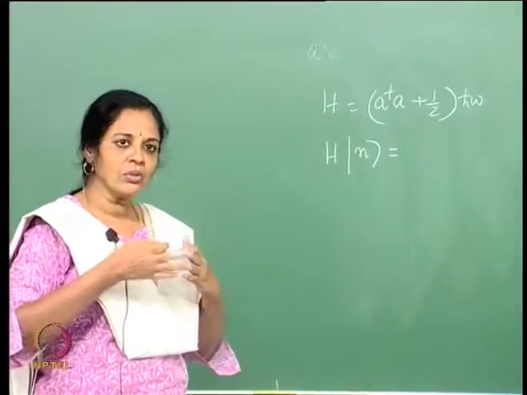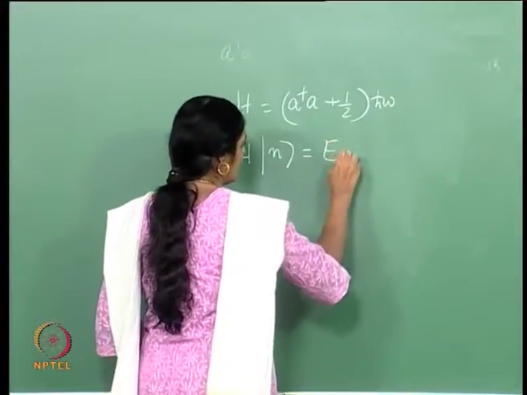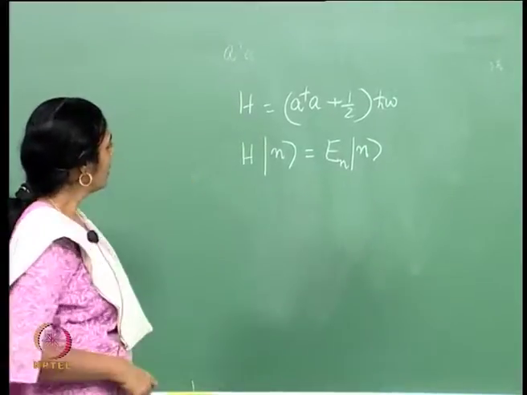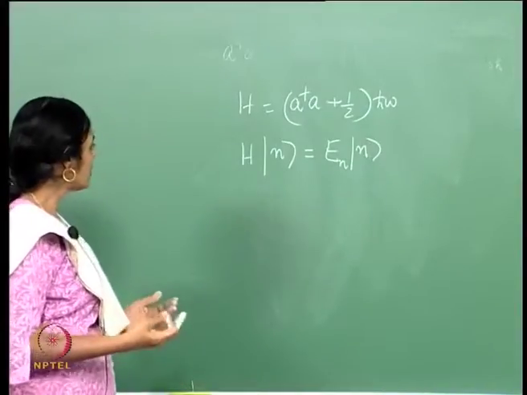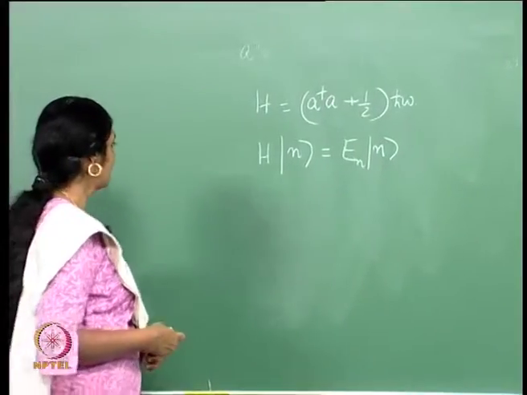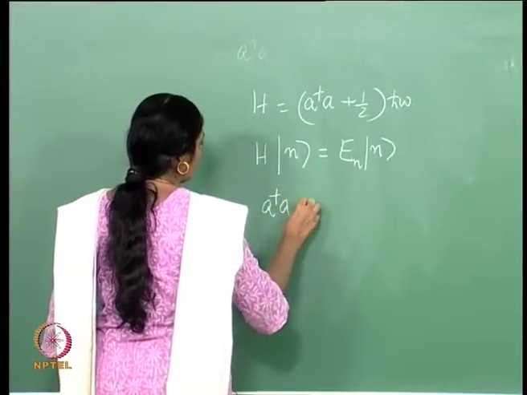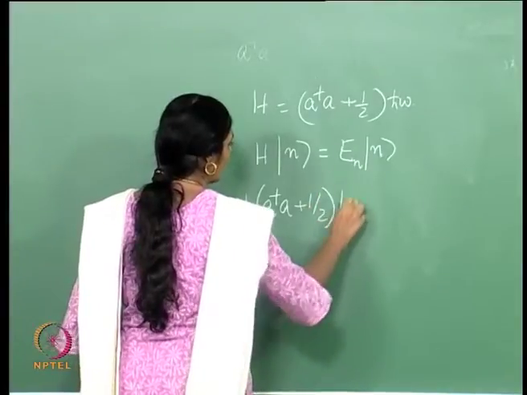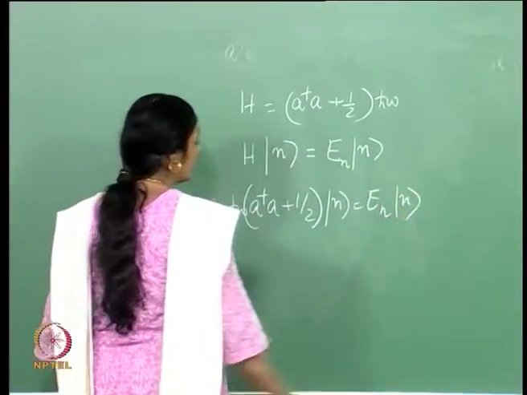One has to find out the range of values that n can take. So, eigenvalues would be given by E sub n, and these are numbers that one has to find out. I therefore have A dagger A plus half h cross omega acting on ket n gives me E sub n ket n.